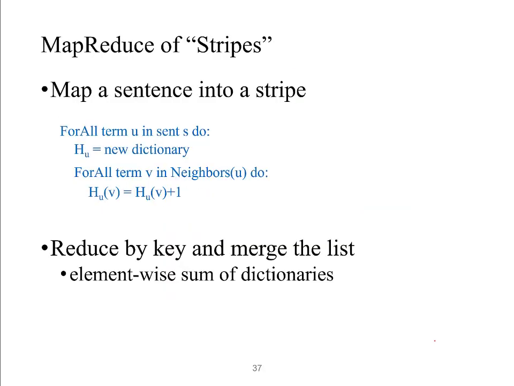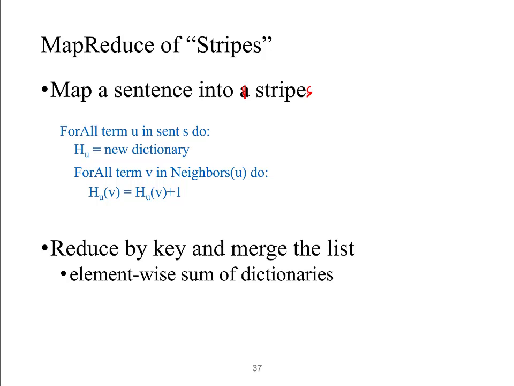Now, in order to do it in MapReduce, for the map, well, we map a sentence into stripes, right? The input is a sentence, and the output here would be stripes, not a stripe.